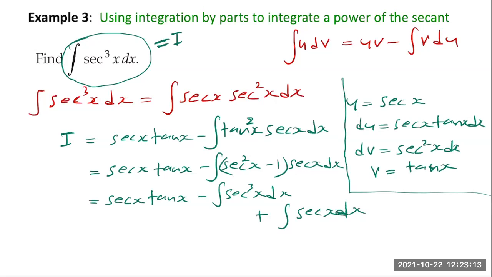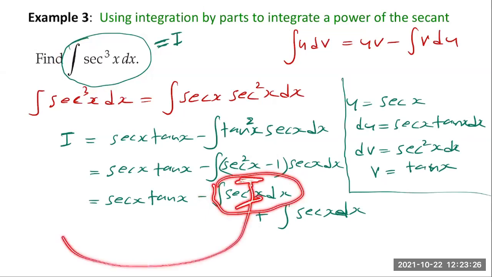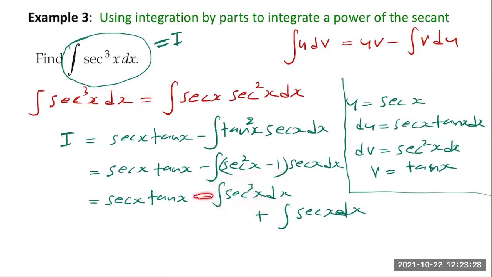Now, as you can see, this is the same thing as I, the original integral with a minus sign in front. So I can plug in I here, and then you move that I to the other side, because it's minus I, right? You have minus I here. You can move this minus I to the other side.